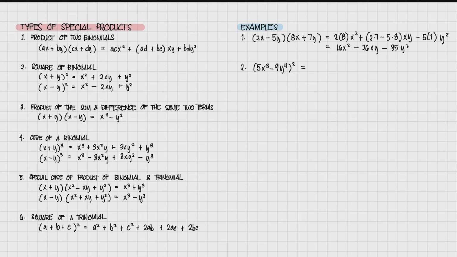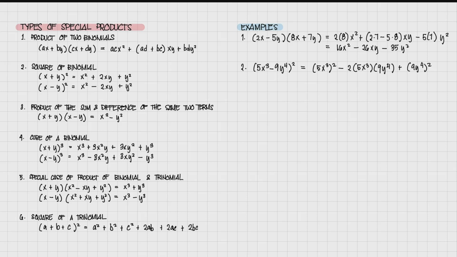This is equal to x squared, which is (5x cubed) squared, minus 2 times x, which is 5x cubed, times y, which is 9y raised to 4, plus y squared. So our y is 9y raised to 4, squared.